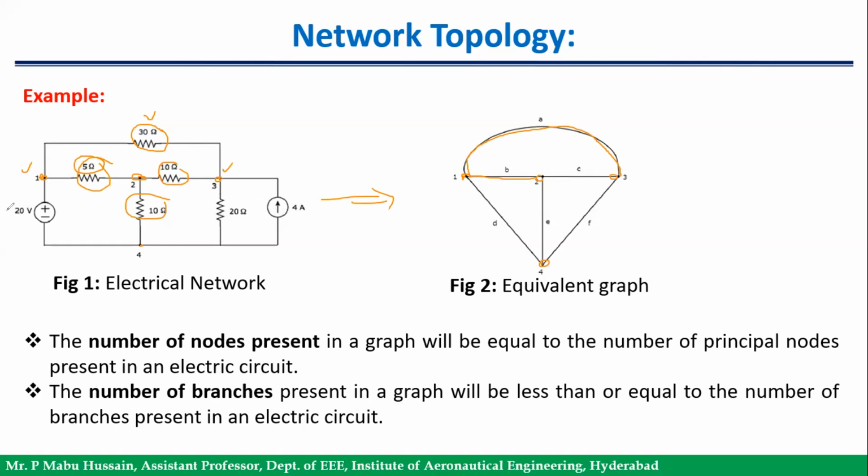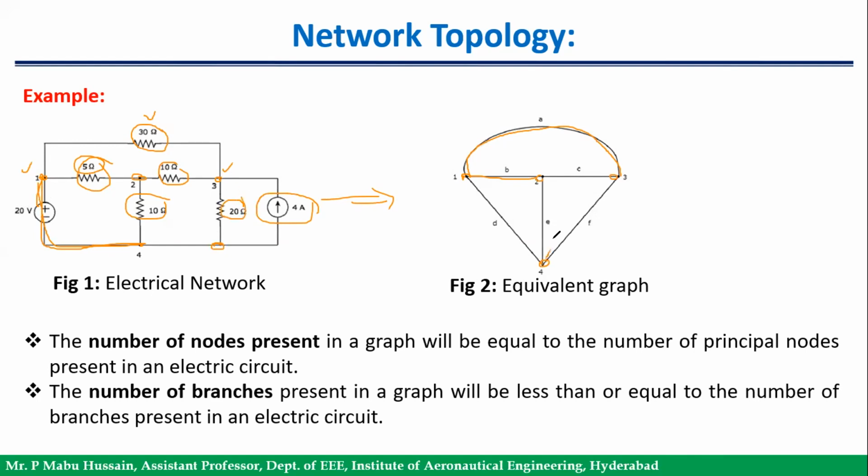If there are any voltage sources, they are short circuited and again represented as a line segment. Between 1 and 4, you have the voltage source, so it will also be represented as one line segment by short circuiting it. And if there are any current sources, they are open circuited and will not be represented on the graph. If you see here, between 4 and 3, you have a 20 ohms.